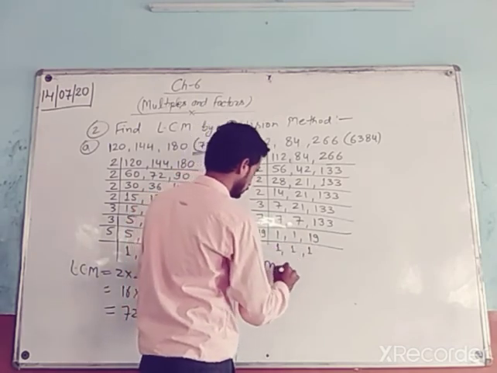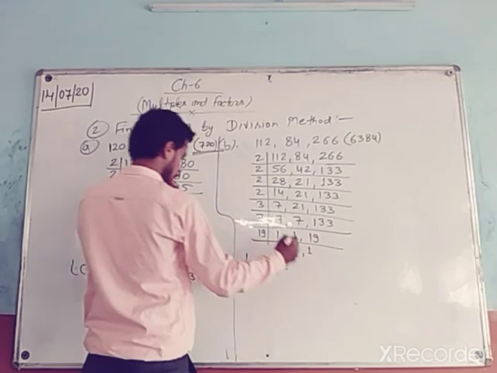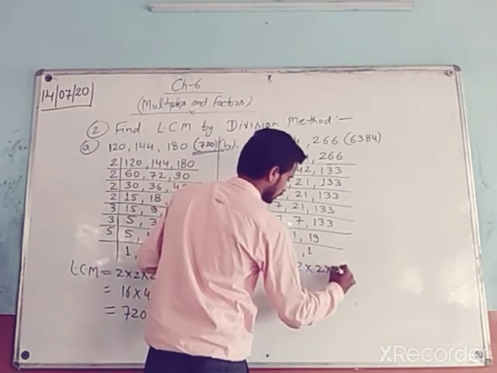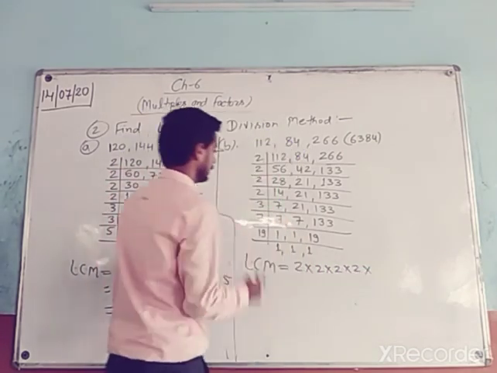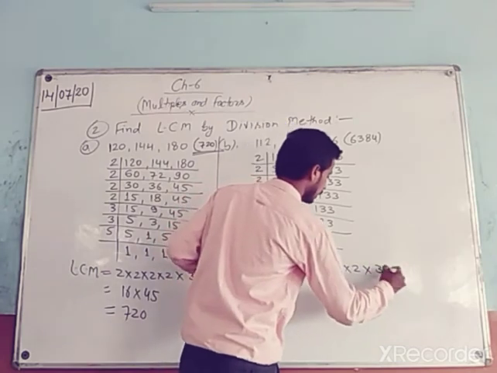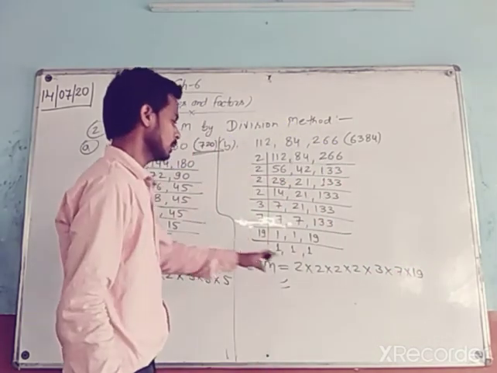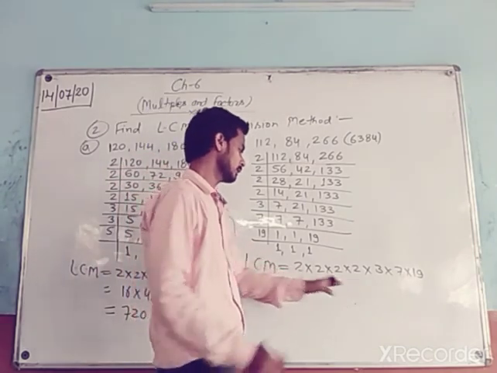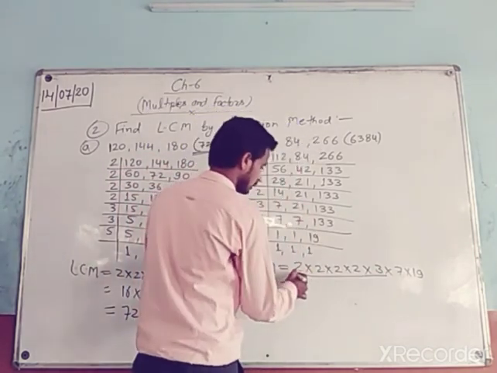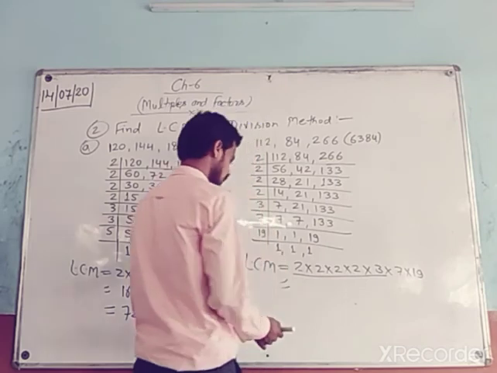LCM is equal to 2 four times, then 3 one time, 7 one time and 19 one time. 2 2s are 4, 2 4s are 8, 8 3s are 24, 24 3s are 72.